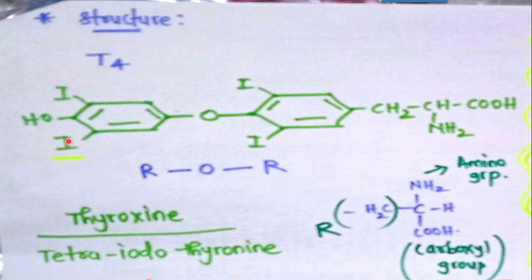Iodo stands for iodine, and thyronine. So when these tyrosyl residues are combined together, as we have seen in synthesis, the tyrosyl residues get combined, conjugation occurs, and then proteolysis occurs. So this is tetraiodothyronine.